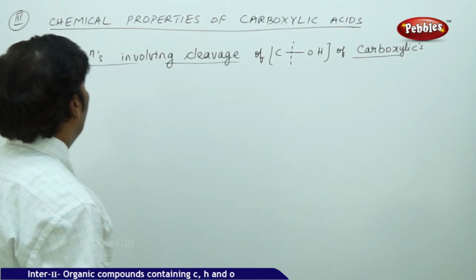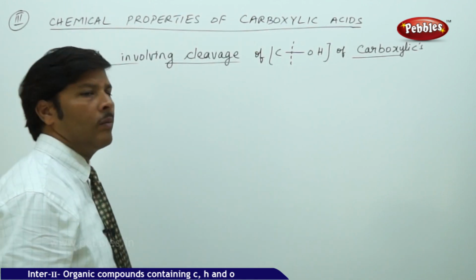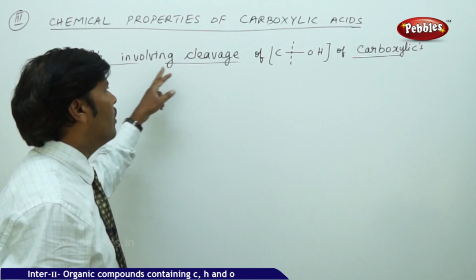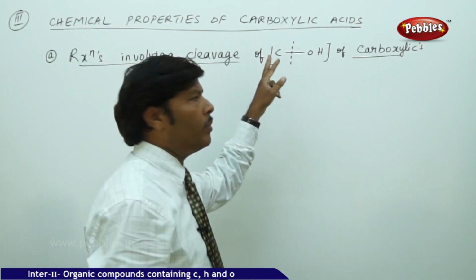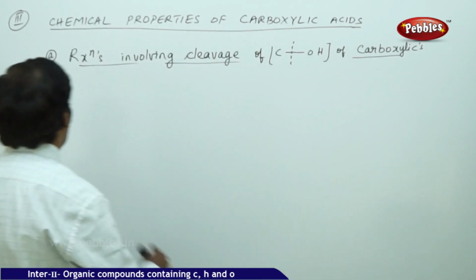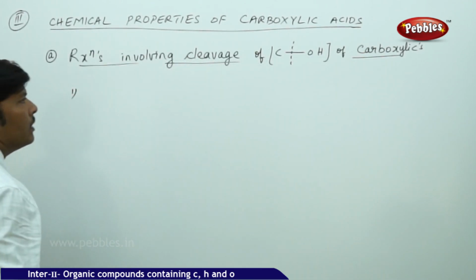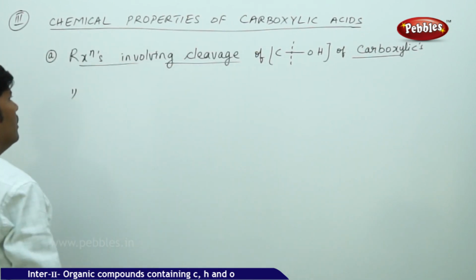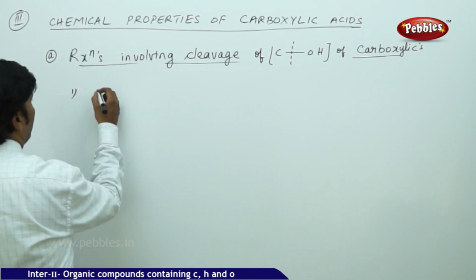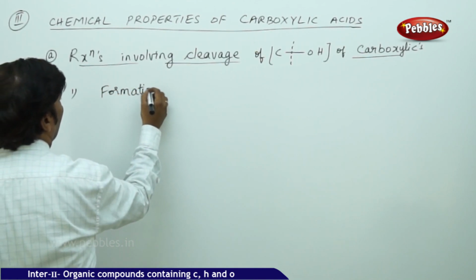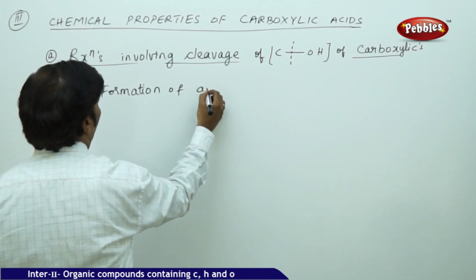So the next part of the discussion is the chemical properties of carboxylic acids, reactions involving cleavage of the carbon-oxygen bond of the carboxylic acids. Let us first highlight all the important reactions possible in the cleavage of carbon alcohol bonds. First one is formation of anhydrides.